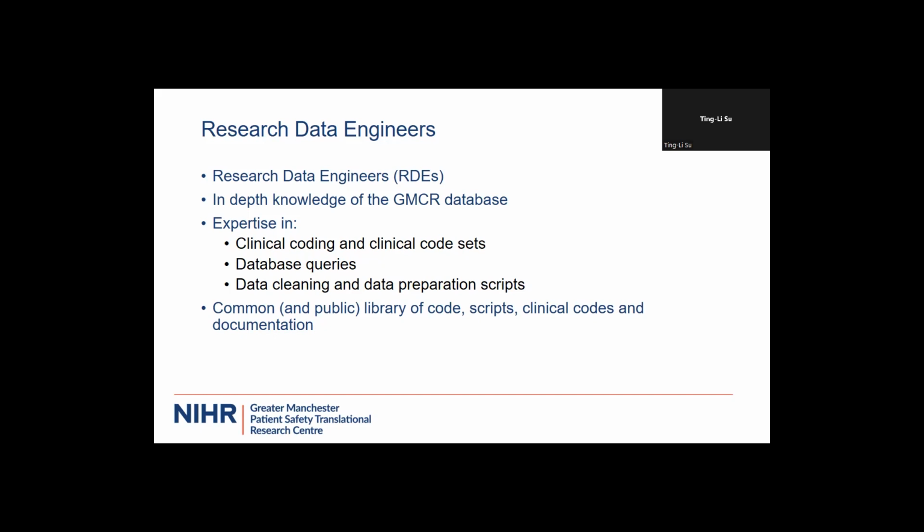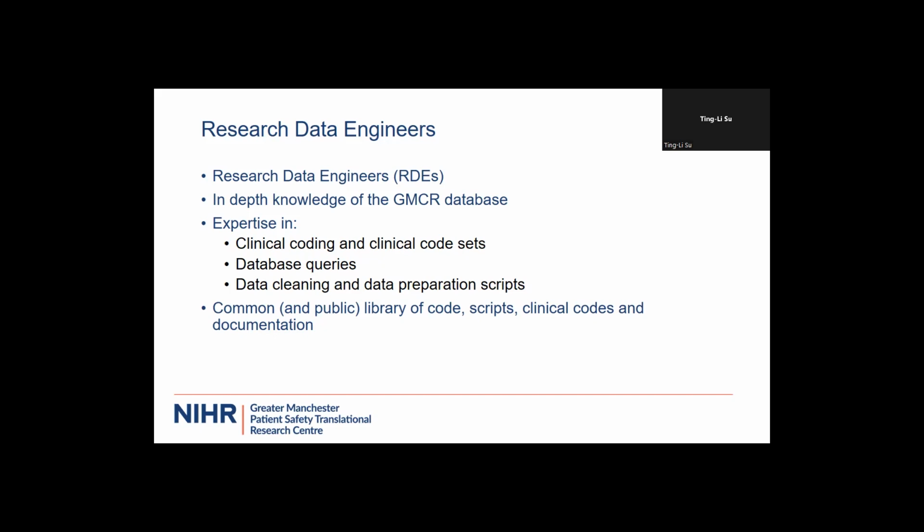We also have expertise in clinical coding and clinical code sets. So I talked before about clinical codes and how they represent any clinical concepts you might come across in healthcare. When you want to actually query the database for a certain thing, whether someone's got heart failure or whether they've got a particular blood test or are on a particular medication, you find there isn't just a single code for each concept.